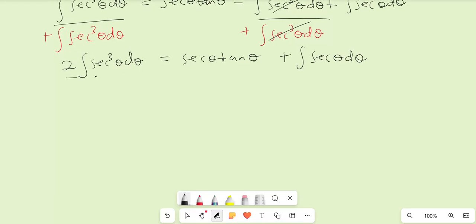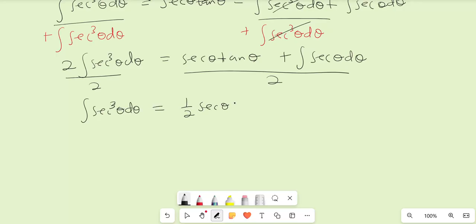Next is to divide both sides by 2. So the integral of secant to the third power of theta d theta is equal to 1/2 secant theta tangent theta plus 1/2 the integral of secant theta d theta.